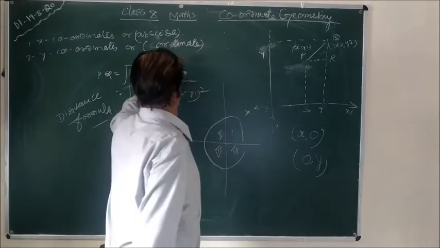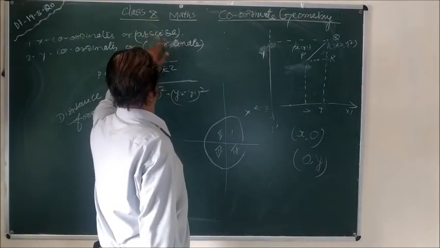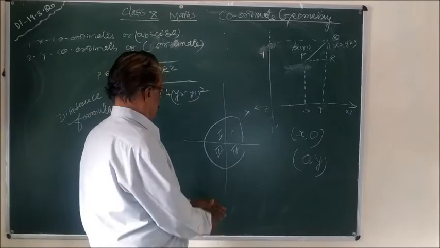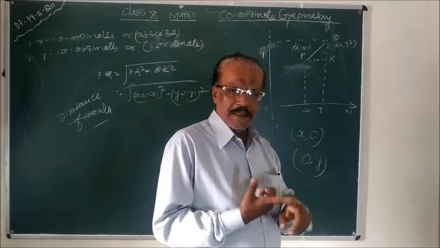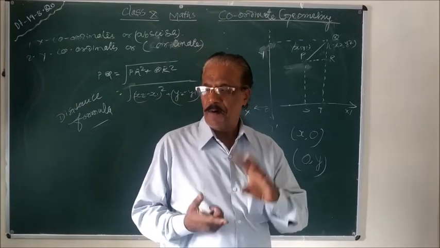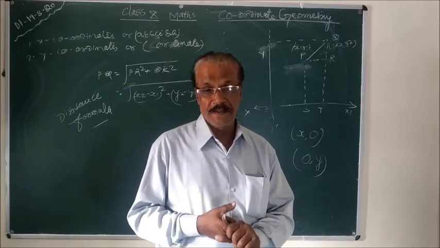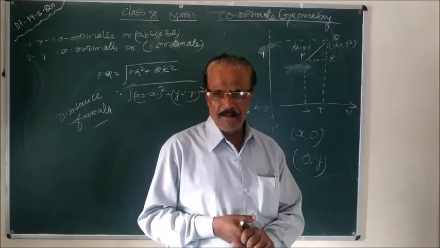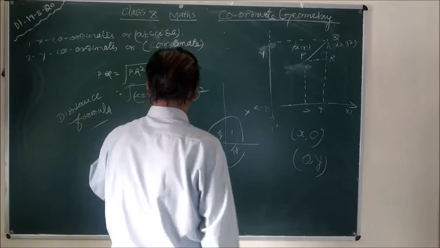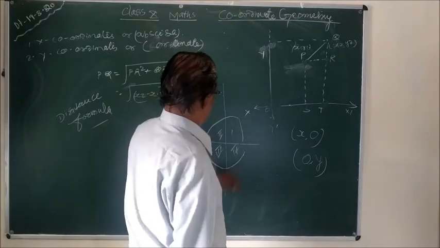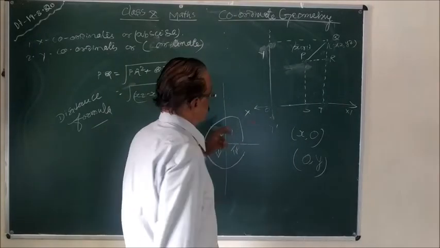If you join these two, abscissa and ordinate, that is called the coordinates. So if we know the coordinates of 2 points, we can find the distance. And that formula is known as the distance formula.